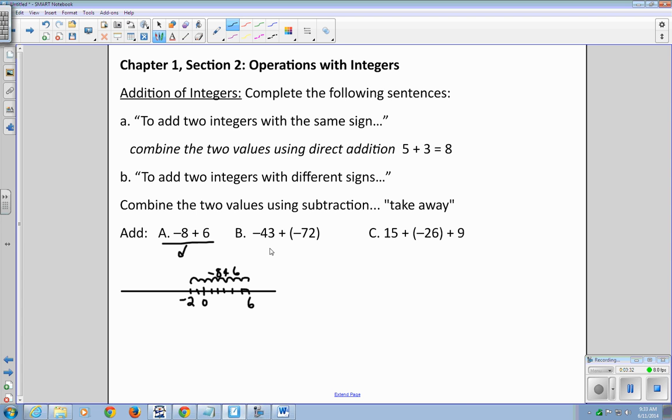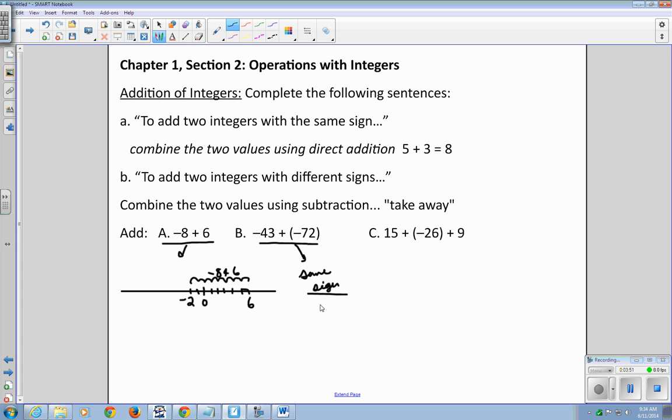Okay, how about our next one right here? We're taking negative 43 and adding negative 72. Well, if I'm going to add these two numbers right here, first of all, they both have the same sign. So that means we're going to combine the values and keep the same sign attached.